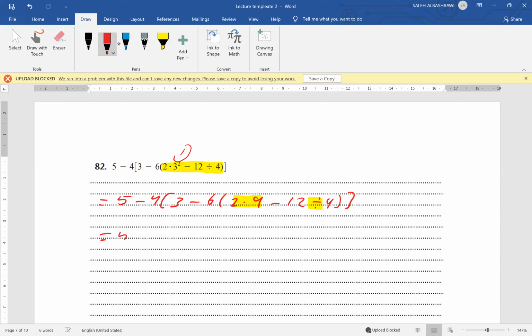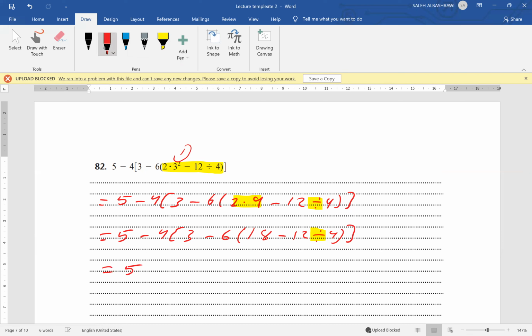So this is equal to 5 minus 4 multiplied by 3 minus 6 multiplied by 2 times 9, which is 18, minus 12 divided by 4. The next step will be the division, because division in order is applied before the subtraction.